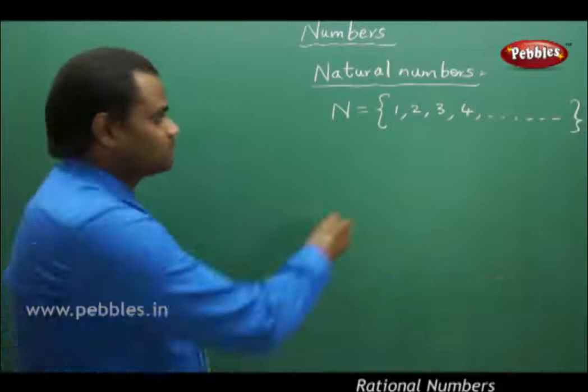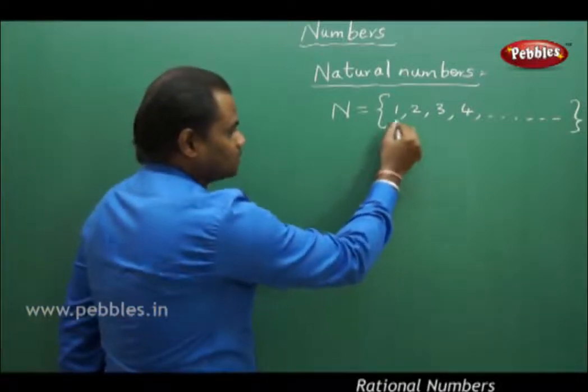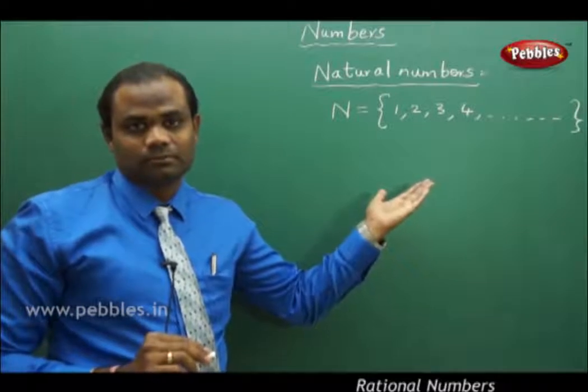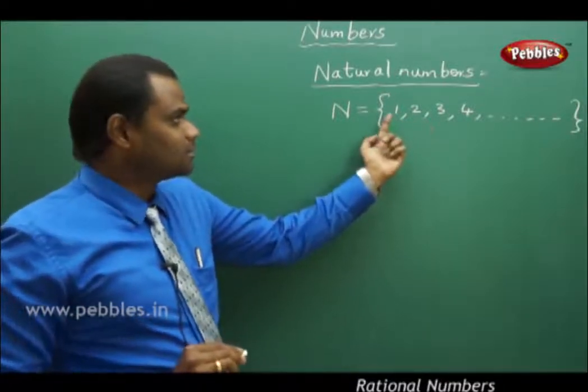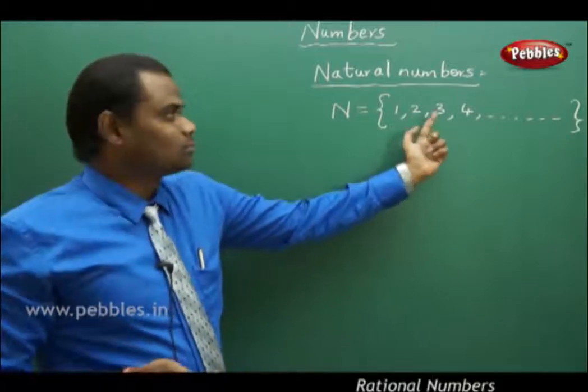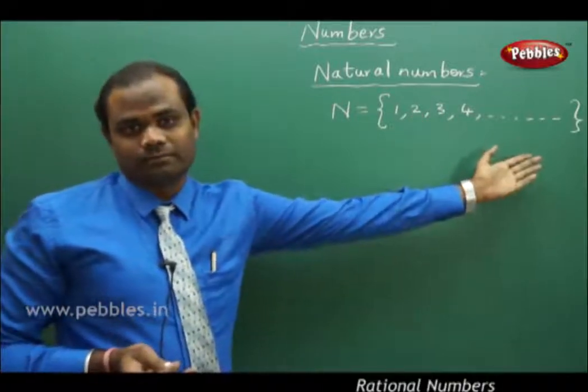We call them natural numbers because they have only the numerator. The definition here is that they start with 1 and the next number is the consecutive 2, 3, 4 and till infinity.